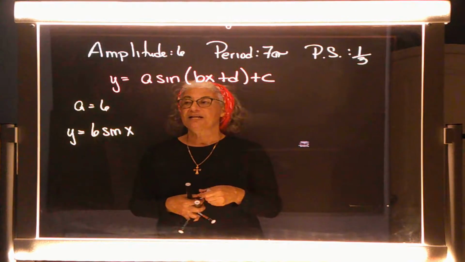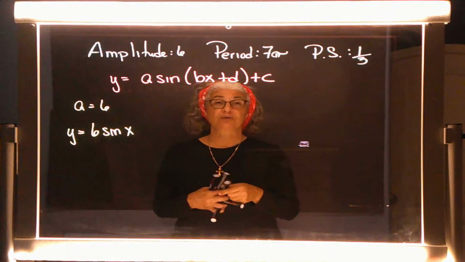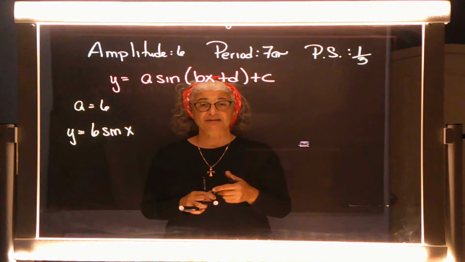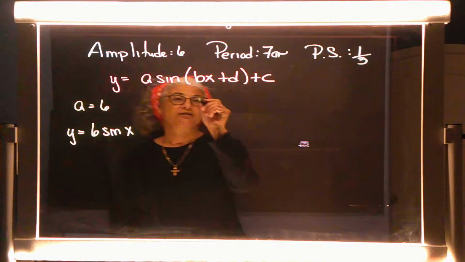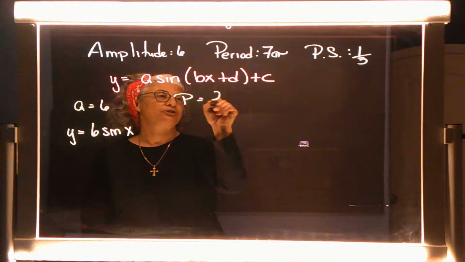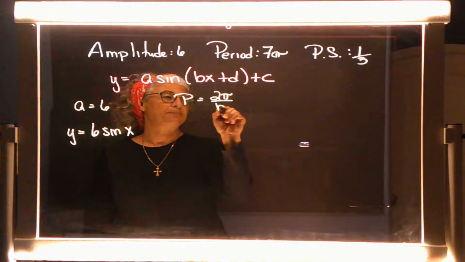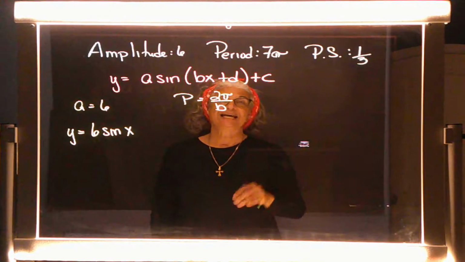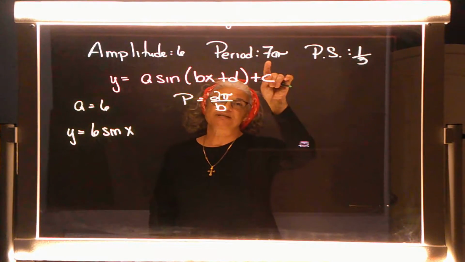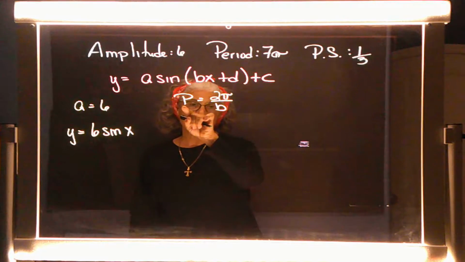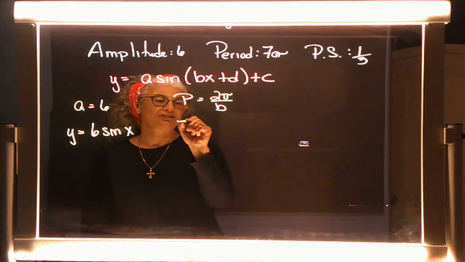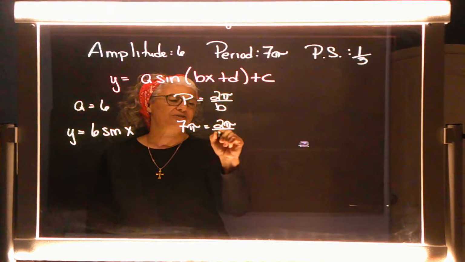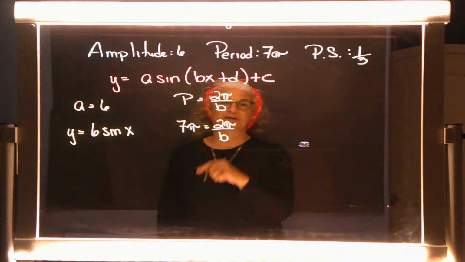Good. The next piece of information that we looked at after amplitude was the period, correct? Now remember, to find the period, it was 2 pi divided by b. Now what did they give us? They gave us the actual period, didn't they? That's the p. So since they gave it to us, are we able to find the b?